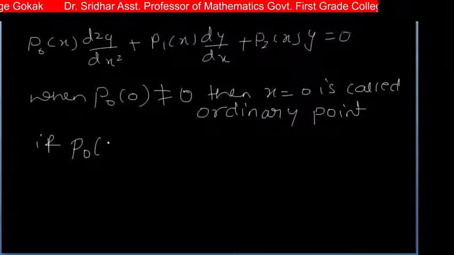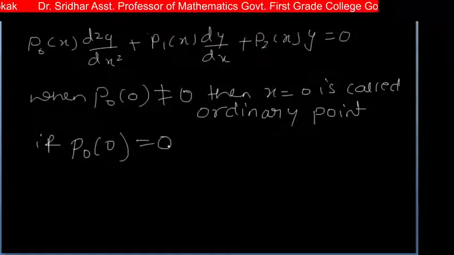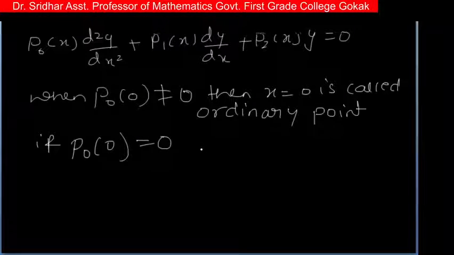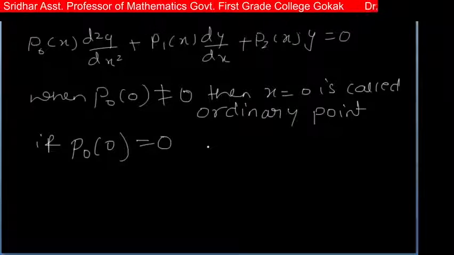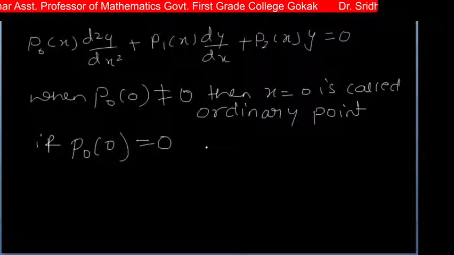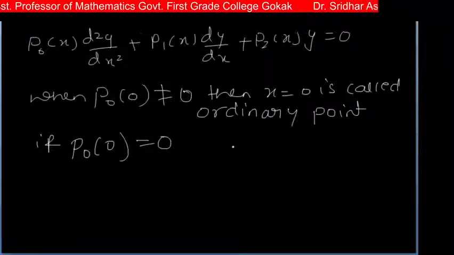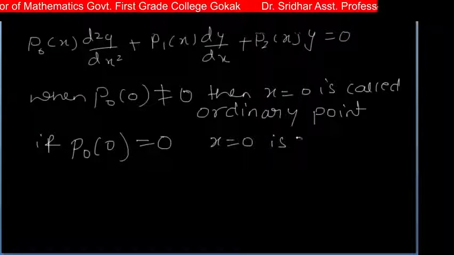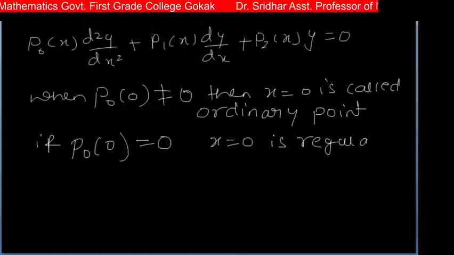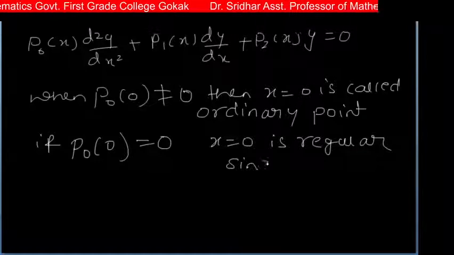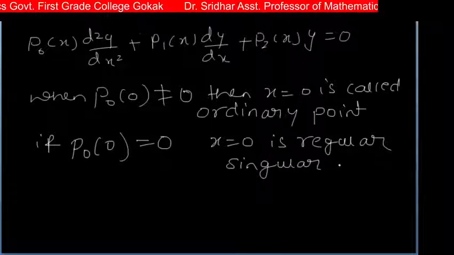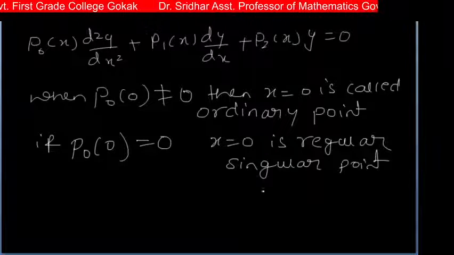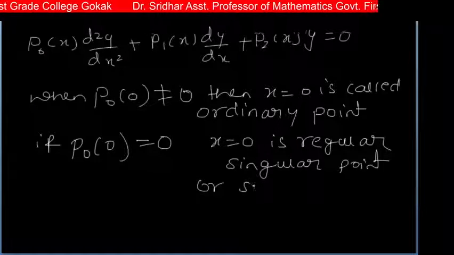If p naught of 0 is equal to 0, then x equal to 0 is called a regular singular point, or singular point.